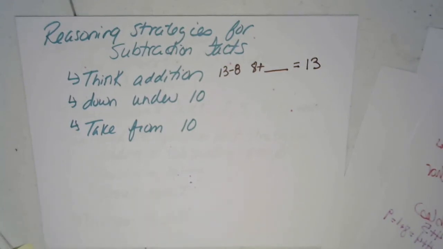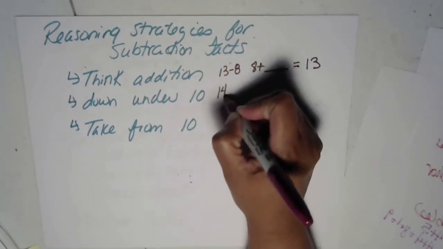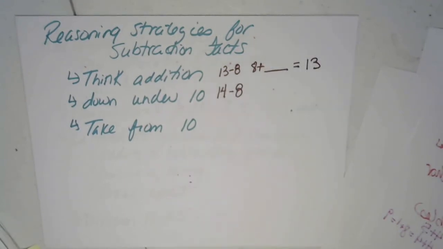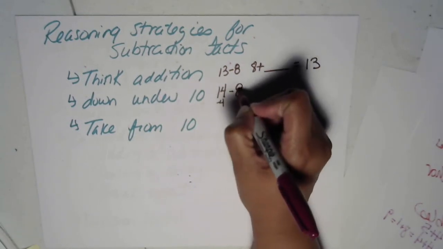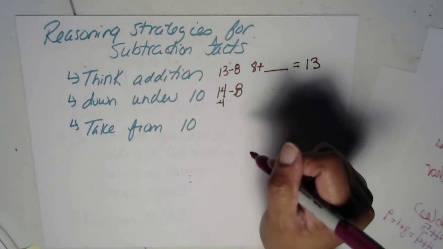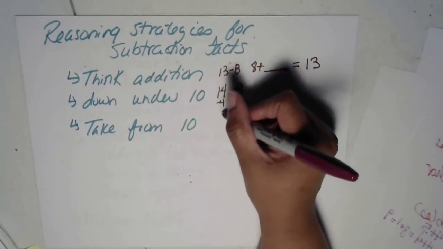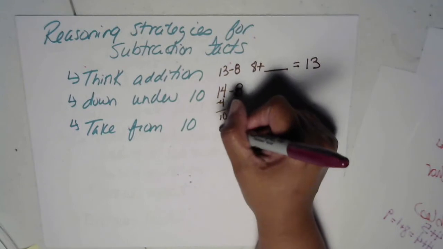We also have down under 10. The down under 10 is the reverse of making 10. There are two ways that you can look at it. You can look at it as separate, or you can look at it as compare. For example, the problem 14 minus 8. For separate, you are taking away 8. So jump down 4, then jump down 4 more.